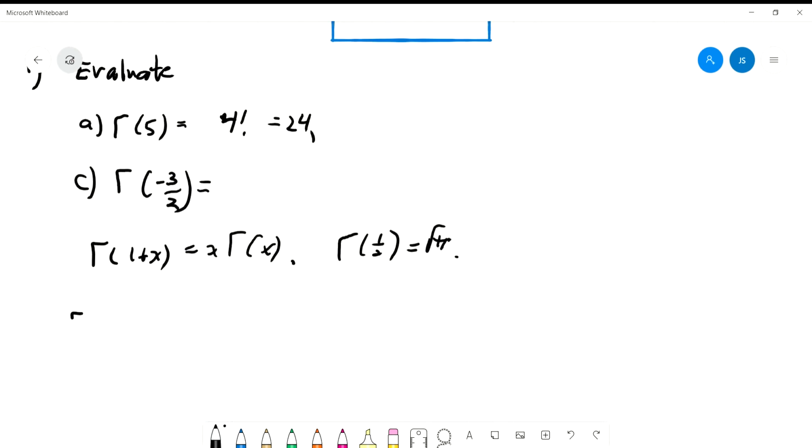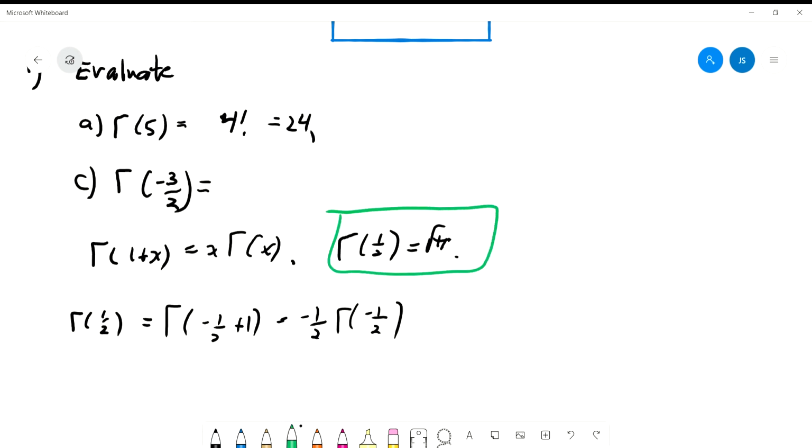So we write gamma of 1/2 is gamma of minus 1/2 plus 1, and that is minus 1/2 times gamma of minus 1/2 on one hand, but on the other hand, we already said that gamma of 1/2 is square root of pi, so this is also equal to square root of pi.